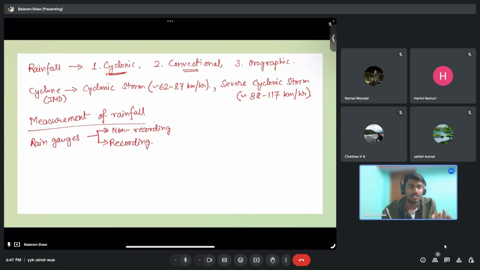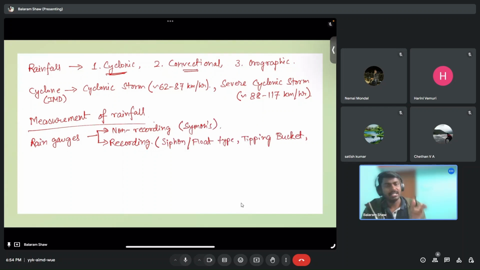The capacity of the bucket is manufacturer specific, and mostly it is around 0.5 mm. A recording mechanism, usually digital, will record this data. So how many times it has tipped, it will record, and based on that we can understand how much rainfall has been recorded through the tipping bucket.